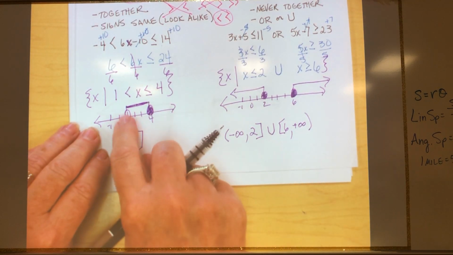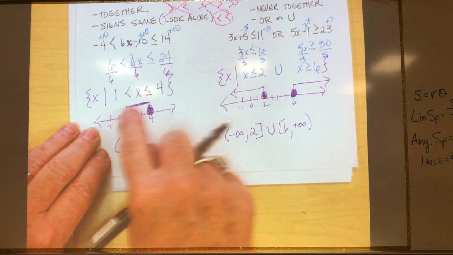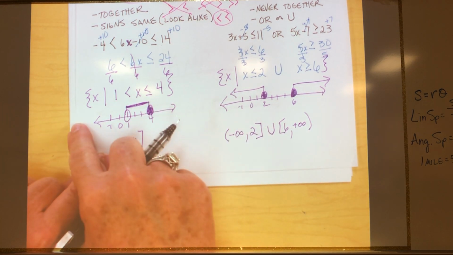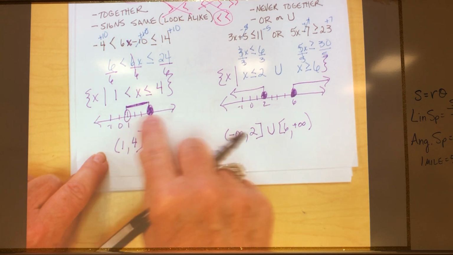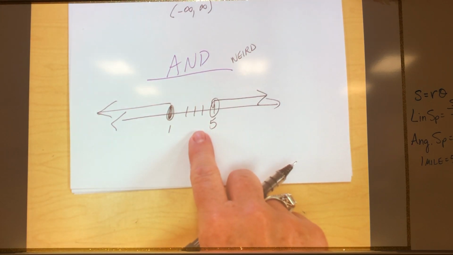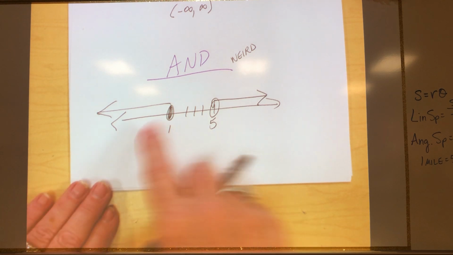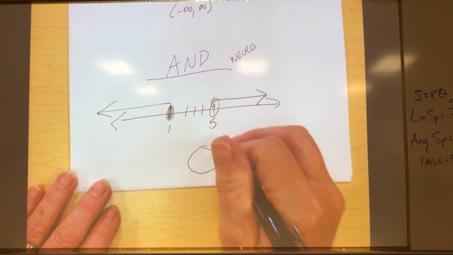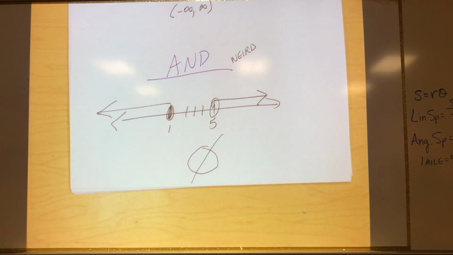It's what they have in common. This one right here goes like this, and this one right here goes like that. What do they have in common between those two? What do they have in common? Nothing. They don't have anything in common. What's on this graph and this graph? No solution.